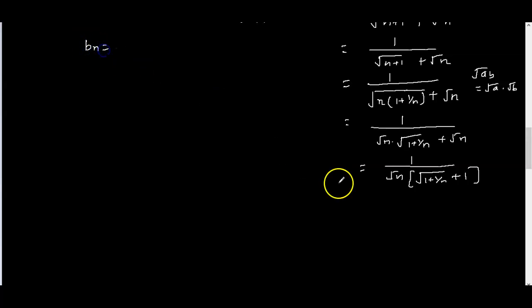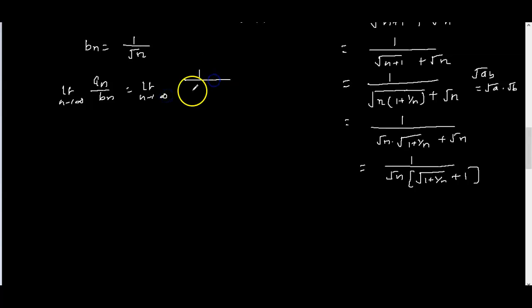Now b of n, how much you have to choose? This one, 1 by root n. So a of n by b of n is equal to limit of n tends to infinity, 1 upon root over n times 1 plus 1 by n plus 1, into root over n.